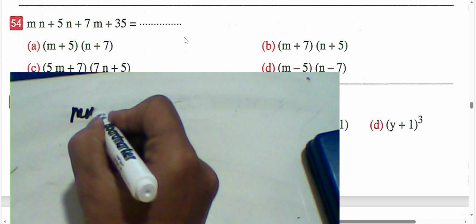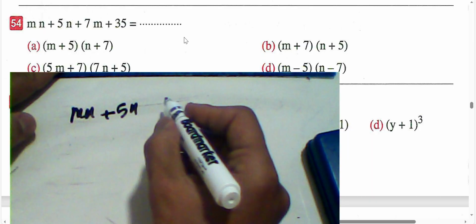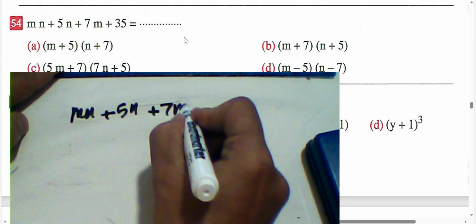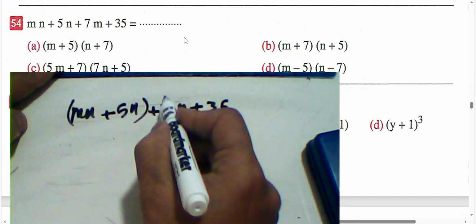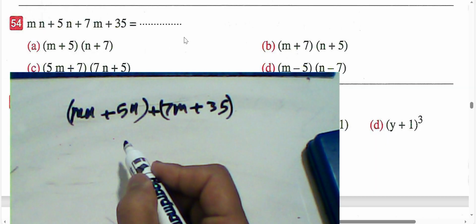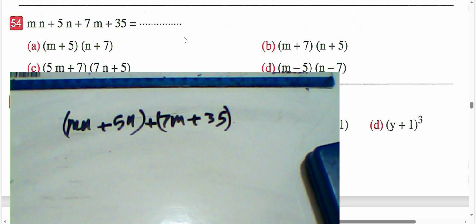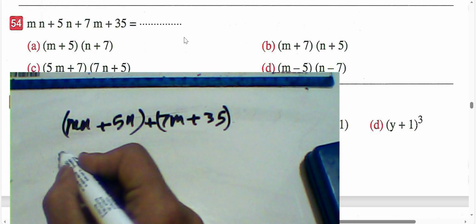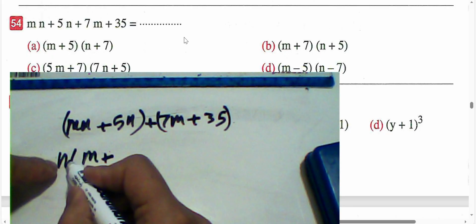mn plus 5n plus 7m plus 35 equal. We can write highest common factor between two terms using dividing about this expression. Write highest common factor between together here. And mn divide n equal m, and 5n divide n equal 5.